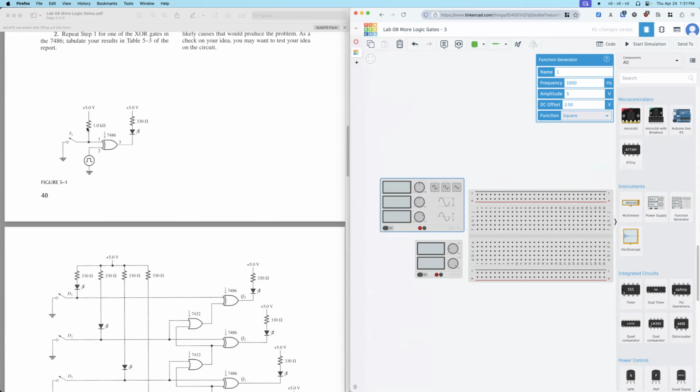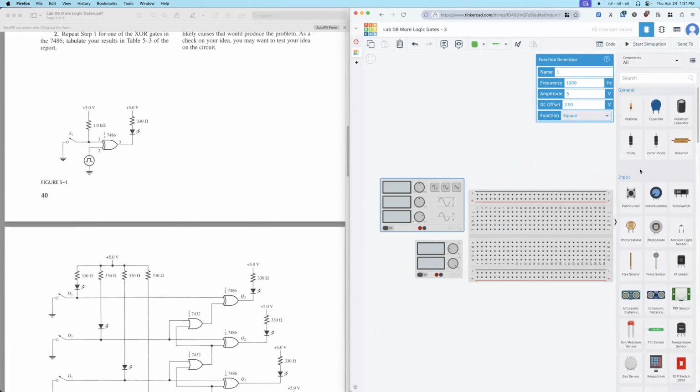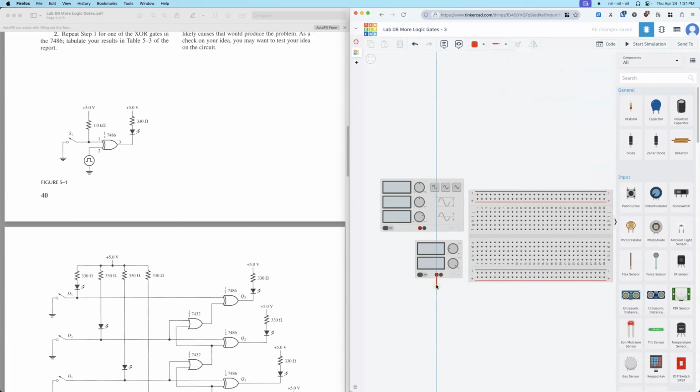Okay, this is just one resistor, so a 1 kilo ohm resistor. Oh, let me connect power first. Power line, positive. I didn't change. Okay.